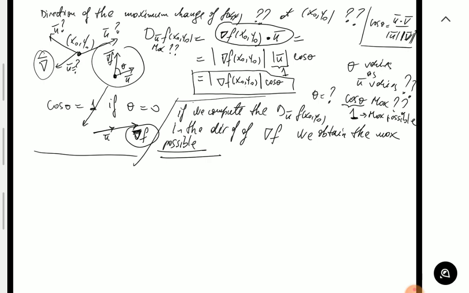So it's in the direction of the gradient. We don't have to actually redo the formula all over again, because you just have to remember that if cosine of theta is 1, all that's left in the computation of the directional derivative is going to be the magnitude of the gradient. So the gradient itself as a vector provides the direction of the greatest rate of change. The actual maximum rate of change is the magnitude of the gradient.